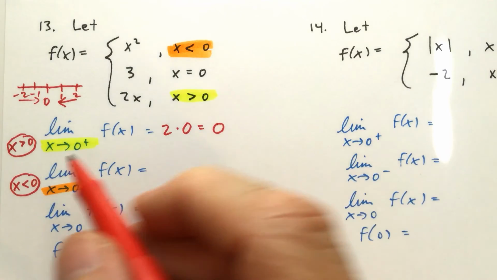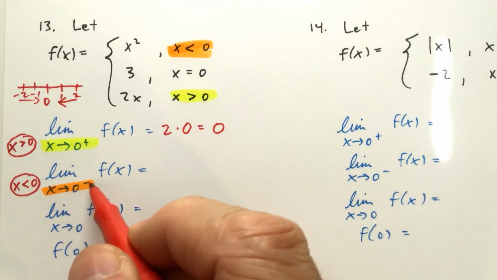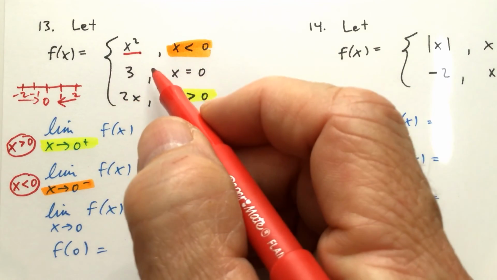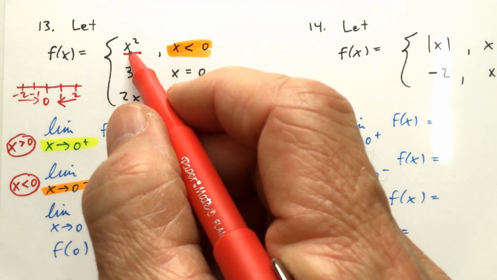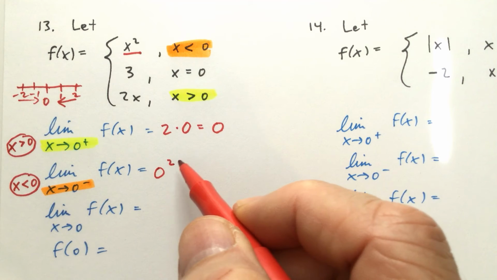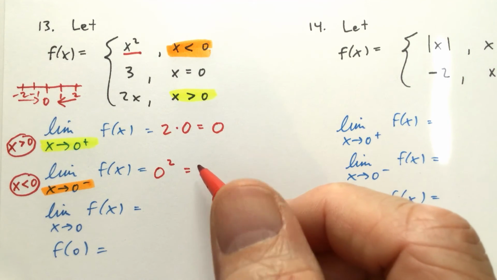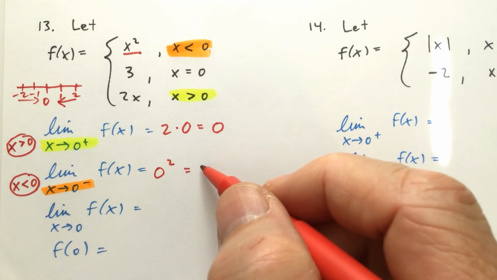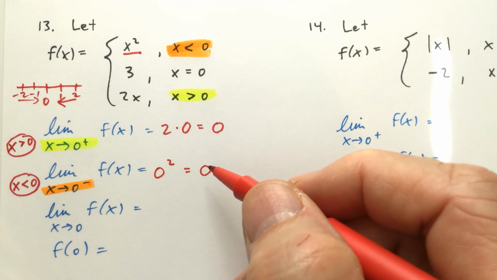So therefore, we have x is approaching 0 from the left. That piece of the piecewise function is also a polynomial, so we get to just replace x with 0 because x is approaching 0. So the function is approaching 0 squared, but also 0.